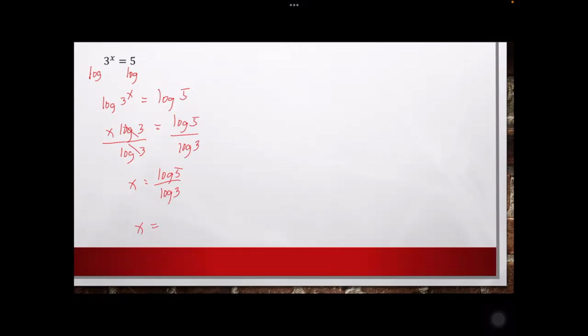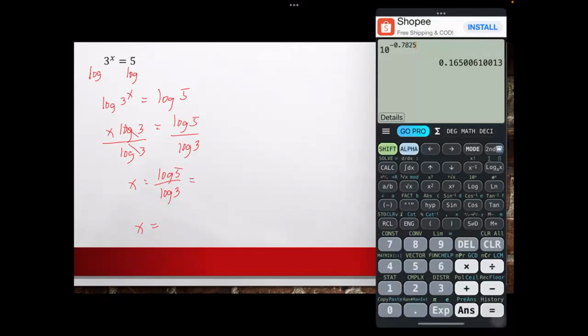So, your x is equal to, kunin natin yung value ng logarithm of 5. Gamit ulit tayo ng calculator. So, logarithm of 5 will be 0.69897. Rounded off, this will be 0.6990 over logarithm of 3.